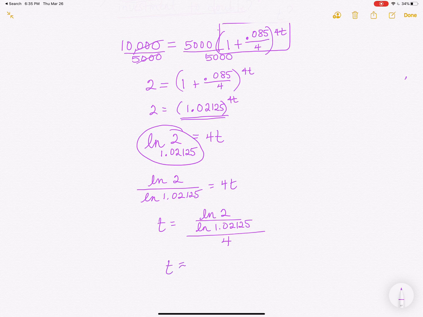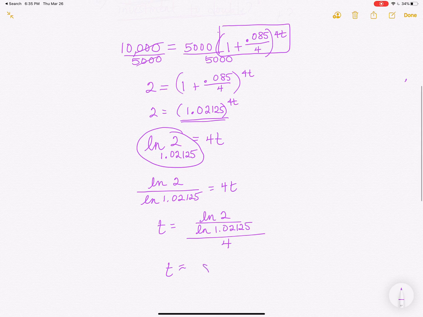And when I plug that in my calculator, which I'm going to go ahead and do right now, so I've got the natural log of 2 divided by the natural log of 1.02125, divided by 4, and it's about 8.24 years.